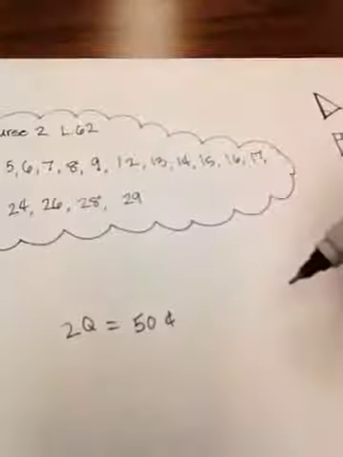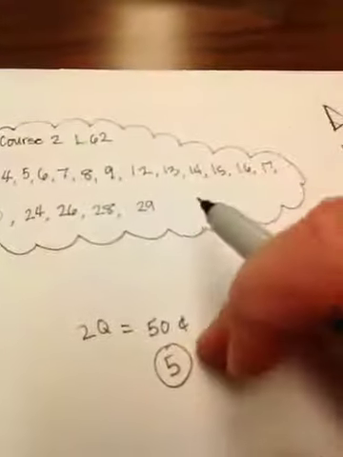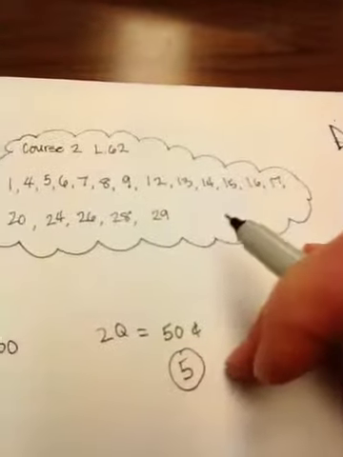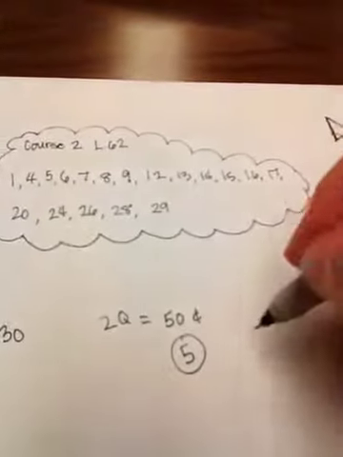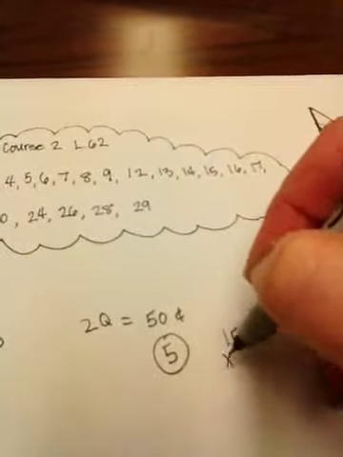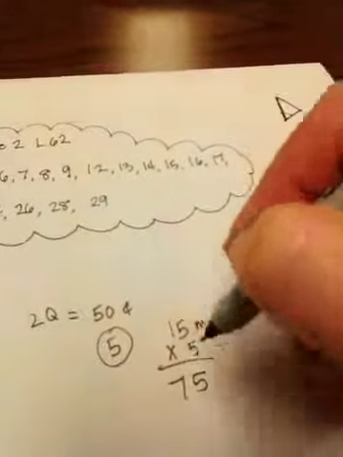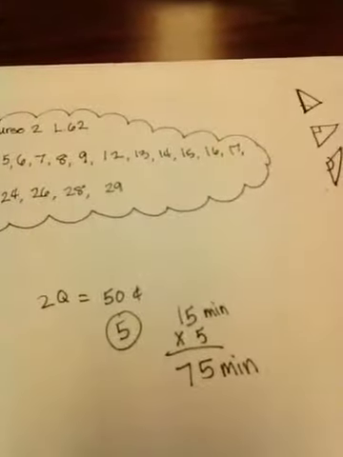How many 10 cents? Divide that by 10, you get what? 5. So I have 5 chunks of 15 minutes. Well, how many minutes is that total? 15 minutes times 5 is going to be 75 minutes, right?